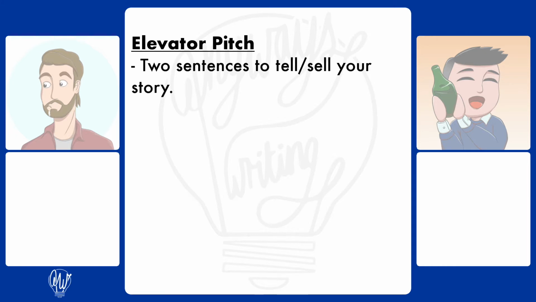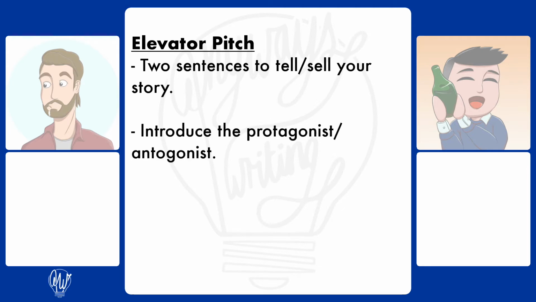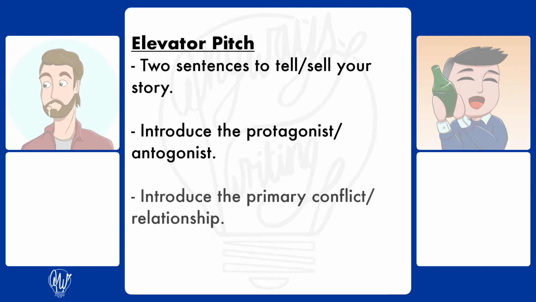It's got to capture the attention. It's got to spark the imagination. Generally speaking, it will involve one or two of the main characters, possibly the protagonist and the antagonist, and explain how they might work together or off of each other or against each other. Quite a useful way of doing that is by using an adjective describing the characters and how they might bump off of each other.